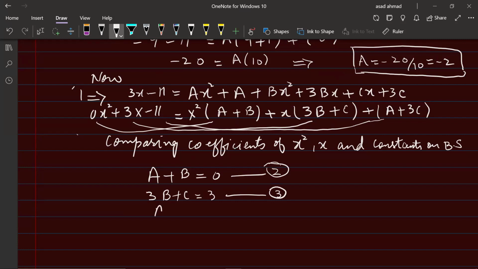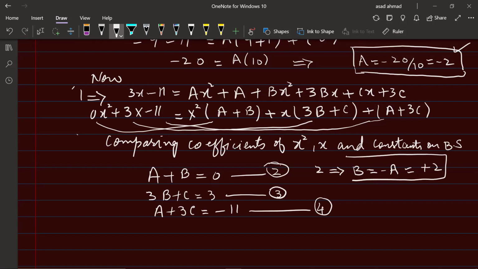And a plus 3c equals minus 11, this is equation number 4. Now, as we have already calculated the value of a above, we can simply derive the value of b, that is b equals minus a, so it would become plus 2.